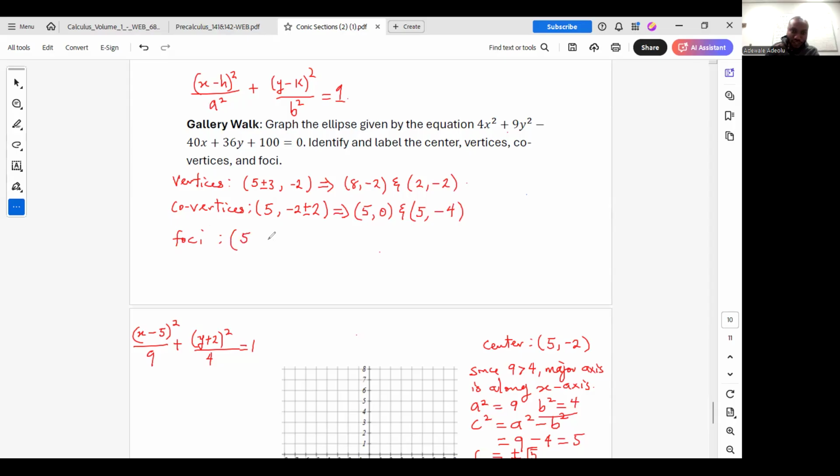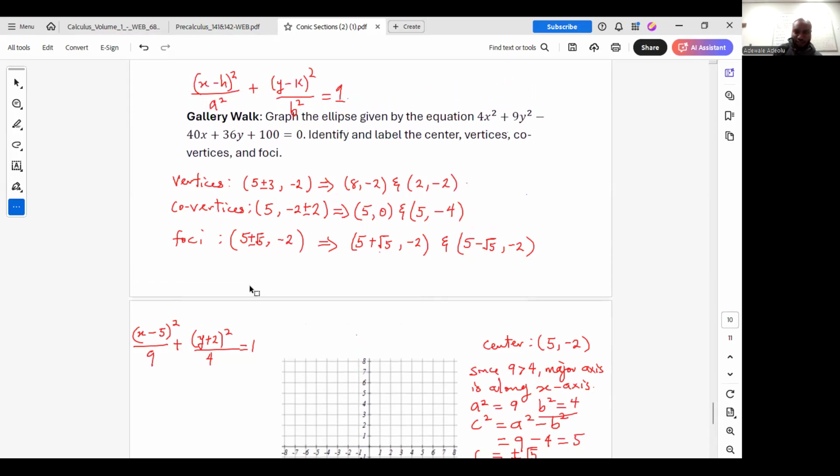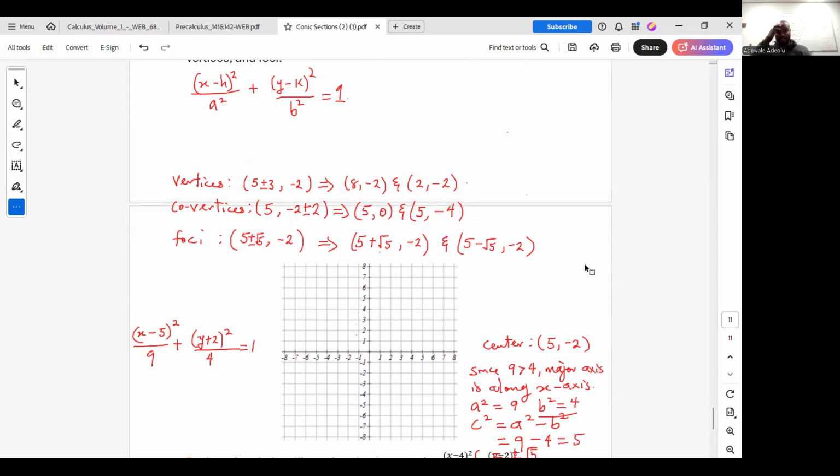Again, we first write the center, and our c is plus or minus root 5. So my foci are 5 plus root 5, comma negative 2, and 5 minus root 5, comma negative 2. Very similar to what we had at the other time, but using different axes. Okay, now let's put all this together.